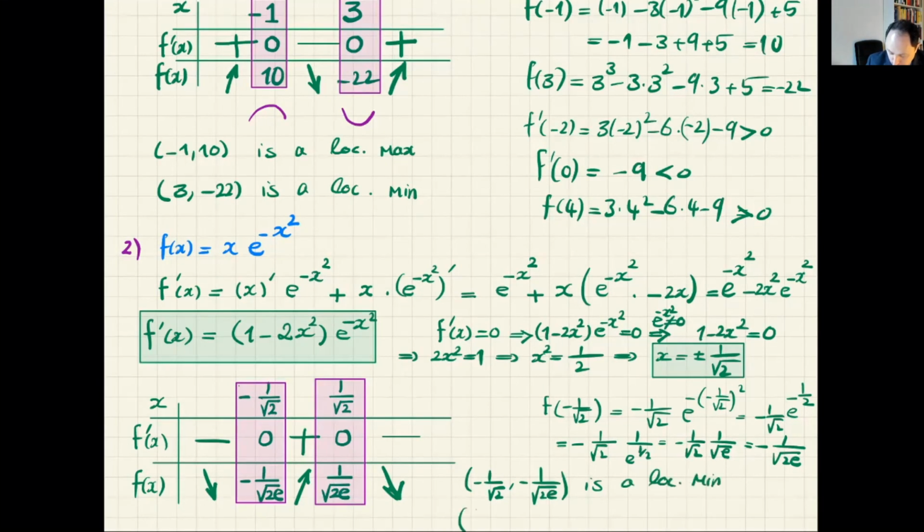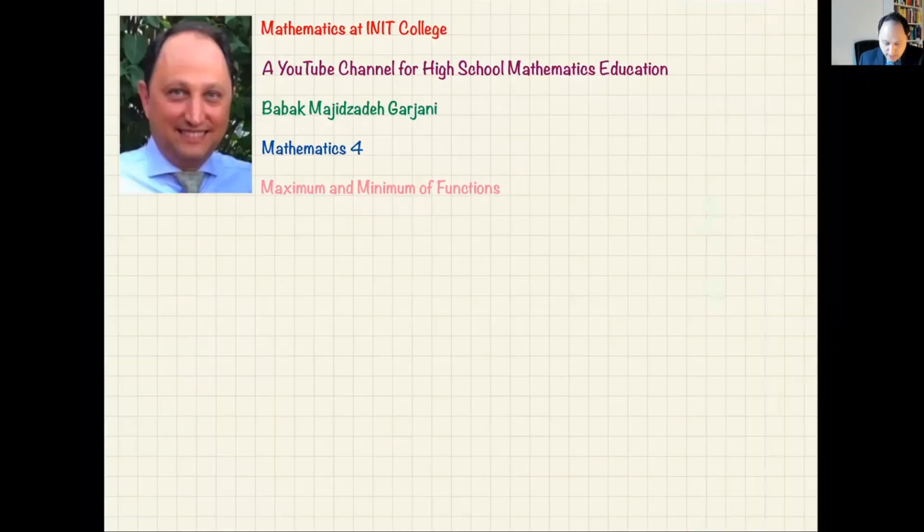And the other point, 1 over the square root of 2, 1 over the square root of 2e, is a local max. Okay, is that clear? Yes? Okay, let me just give you one more example, so do it very quickly.